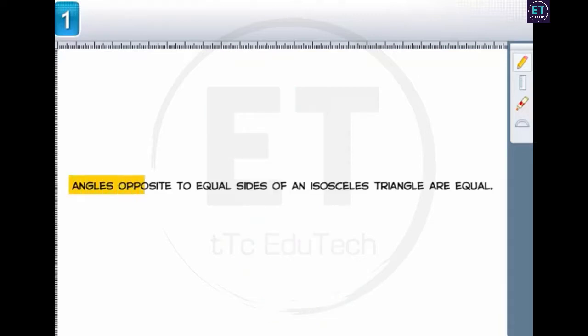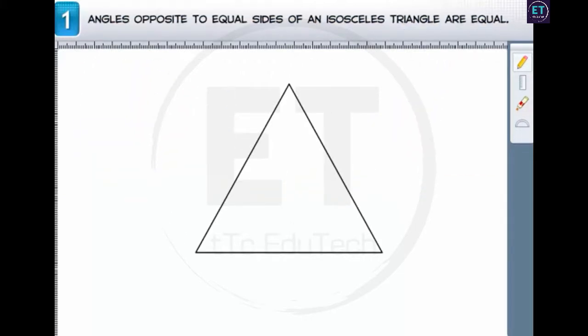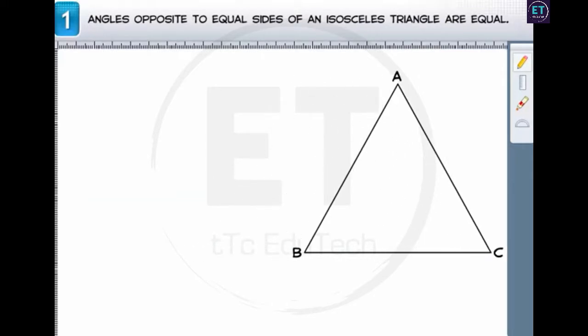To prove that angles opposite to equal sides of an isosceles triangle are equal, we'll consider an isosceles triangle ABC. Here, side AB is equal to side AC.